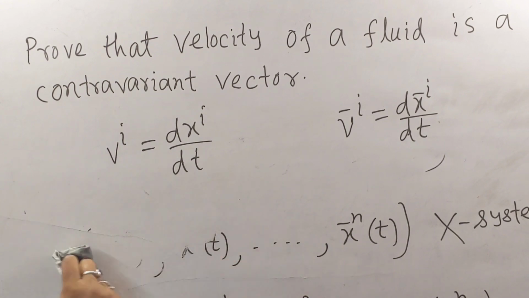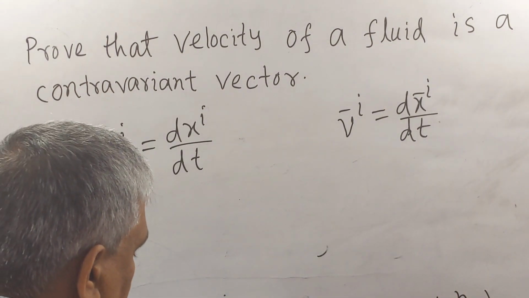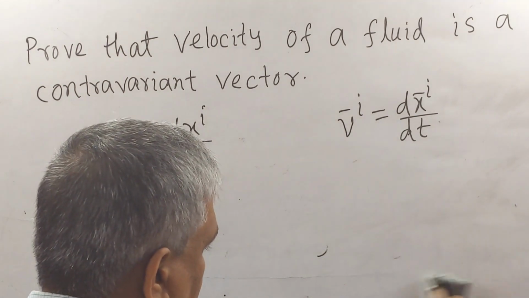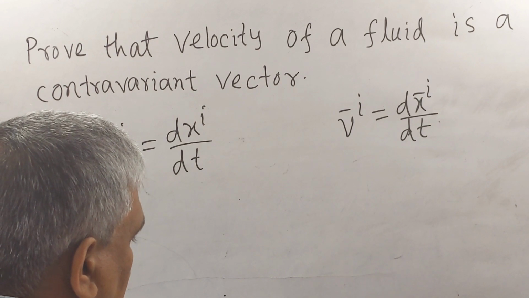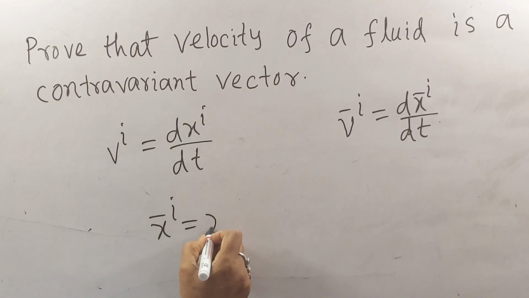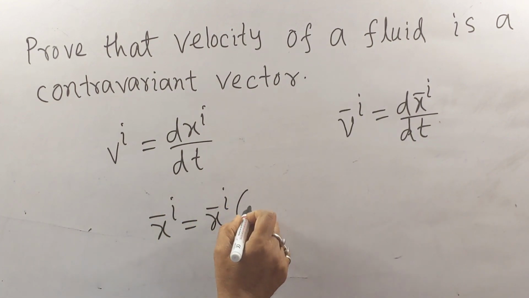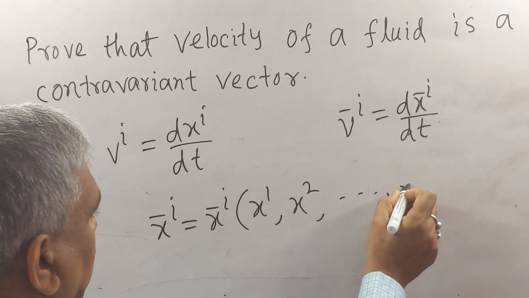We know that in the relation between two systems of coordinates, x bar system of coordinates depends on coordinates of x system. For example, x bar i is a function of x1, x2, xn.